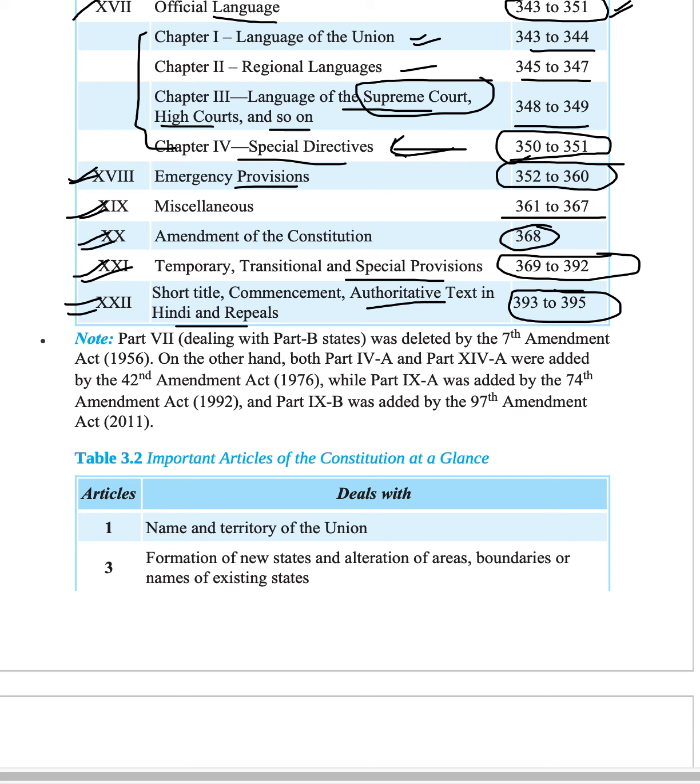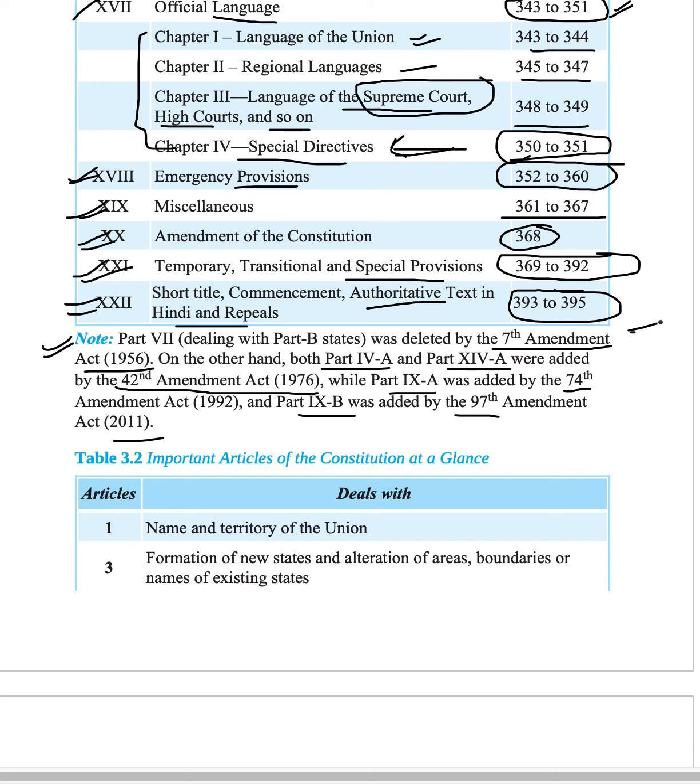Here some note is given that part 7 was deleted by the 7th Amendment Act of 1956, and so many parts were added also, like part 4A and part 14A. They were added by the 42nd Amendment Act 1976, while part 9A and 9B were added by the 74th and 97th Amendment Acts.